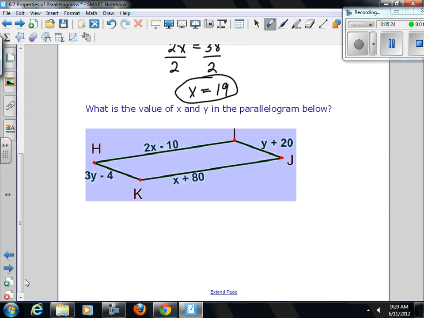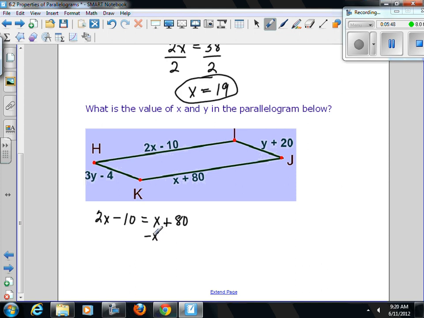Let's go to the next problem. What is the value of x and y in the parallelogram below? Again, we're going to use the idea that in a parallelogram, opposite sides are congruent. So in this case, starting with x, we know that 2x minus 10 is equal to x plus 80. We have an equation to solve, so let's do that.